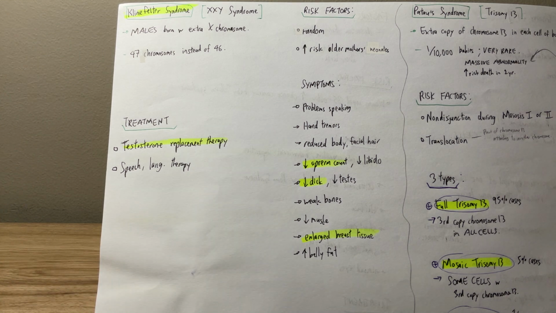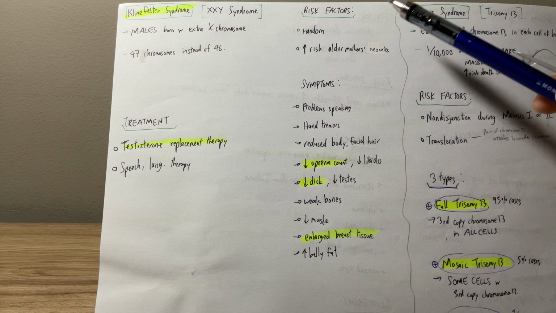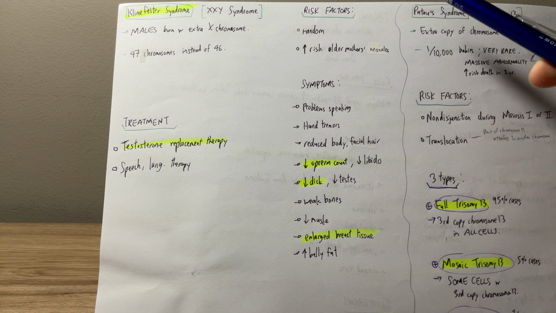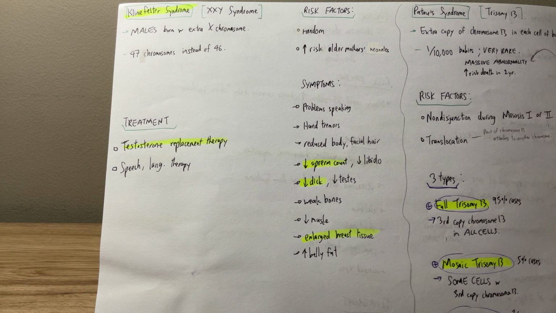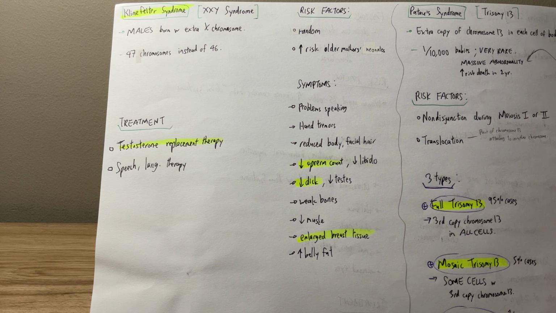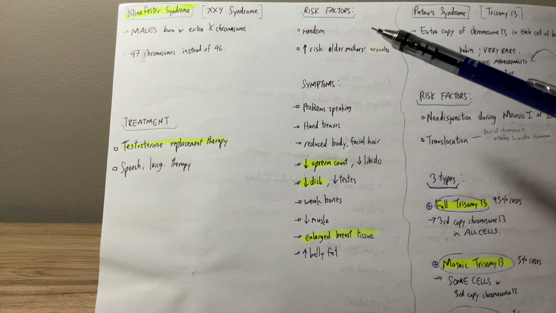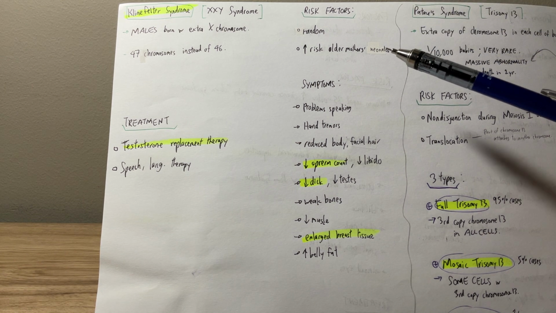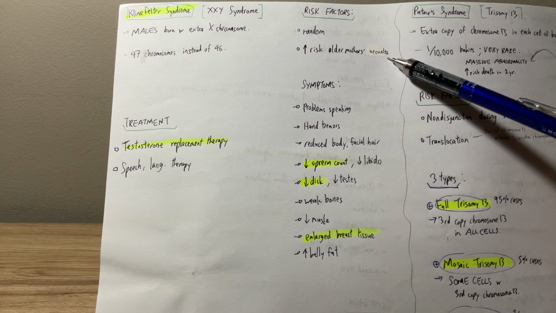So, what are risk factors? The first risk factor is, well, it's random. You can't really fight nature in that regard. And there is an increased risk when the mother is old.